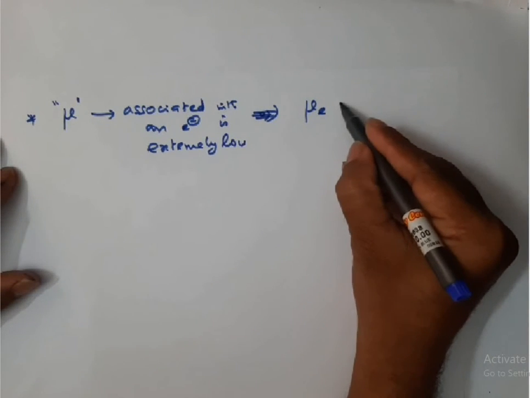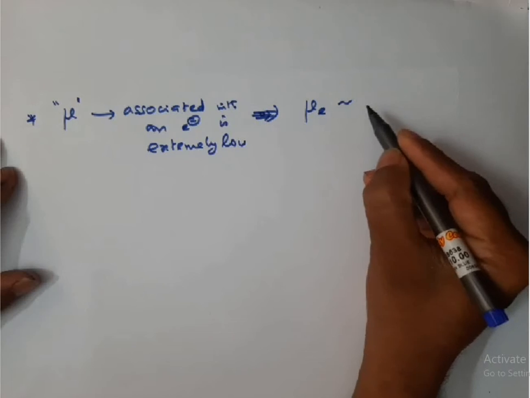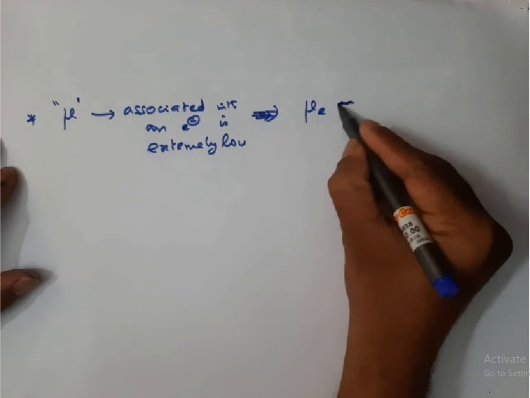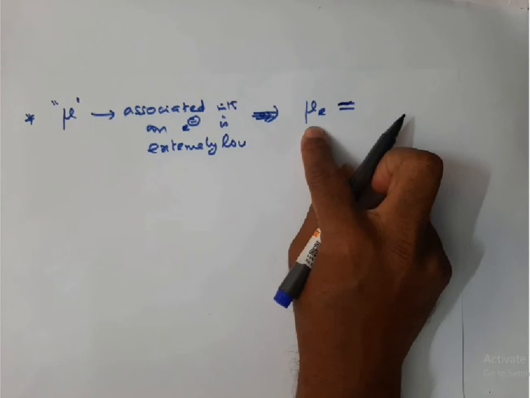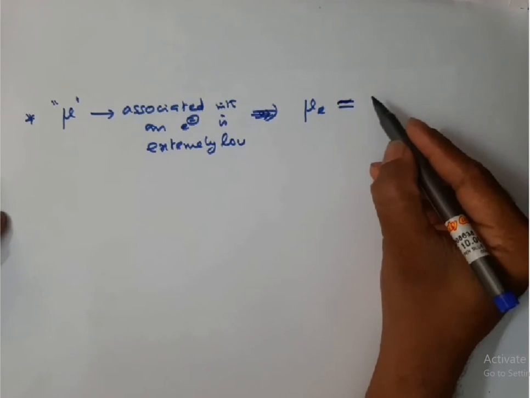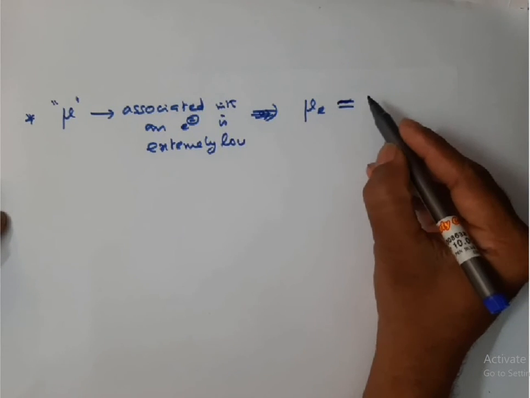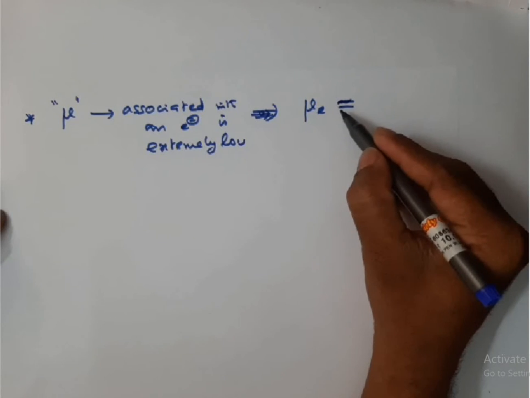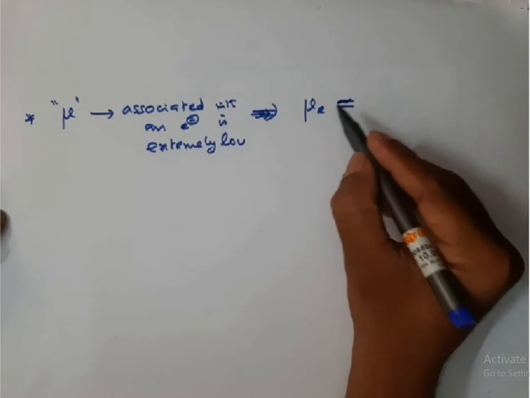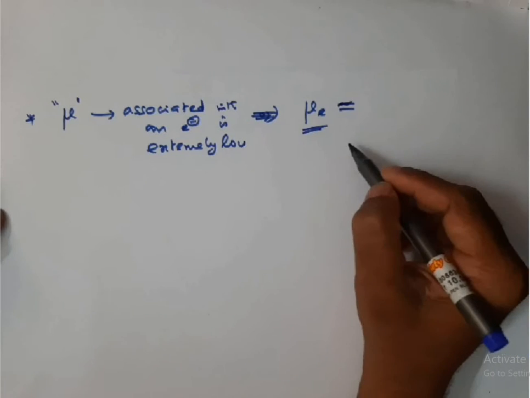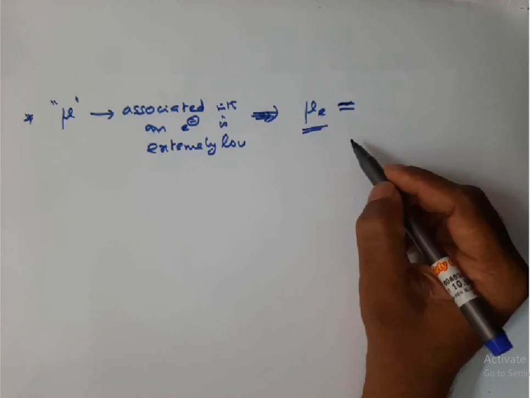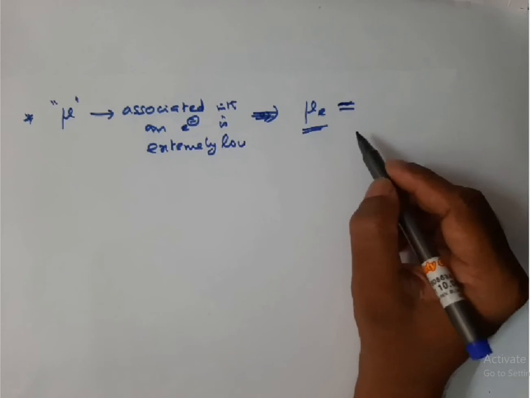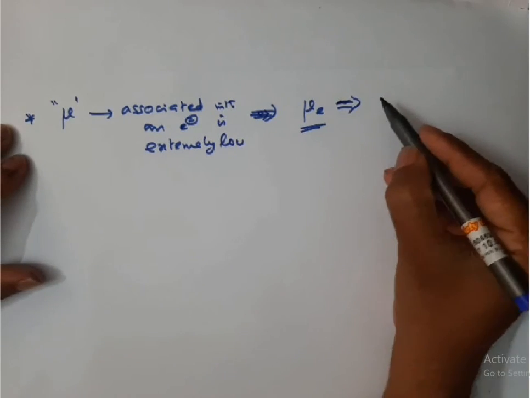The magnetic moment associated with electrons is extremely low, so it is usually measured in the unit of Bohr magneton.